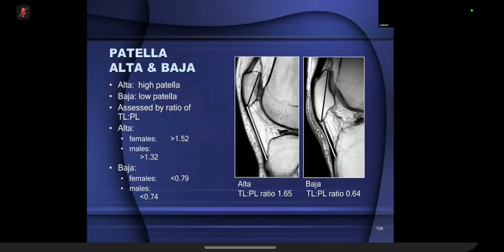How do you calculate a high riding or a low lying patella? You find yourselves a nice sagittal image. This was initially described in plain X-rays, in which the knee joint is partly flexed. However, people then started using the same measurement in knee joint MRs, in which the patient's knees are almost fully straight.